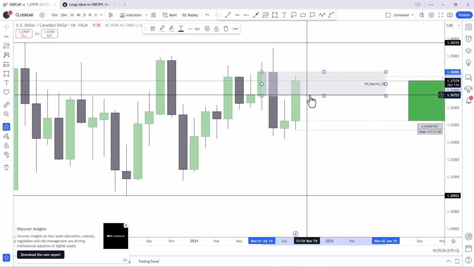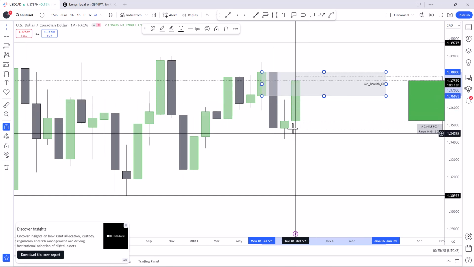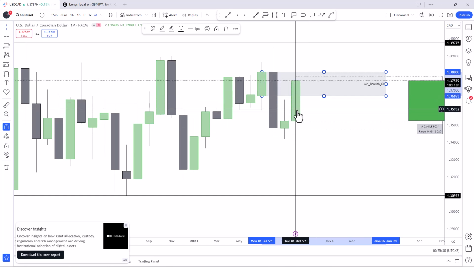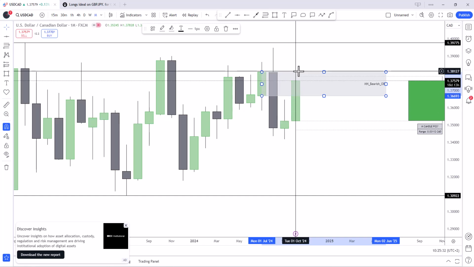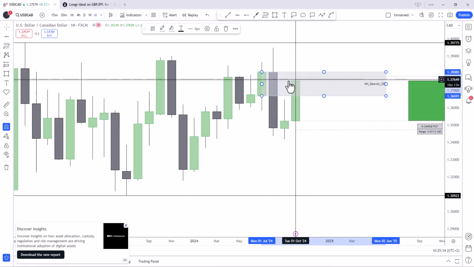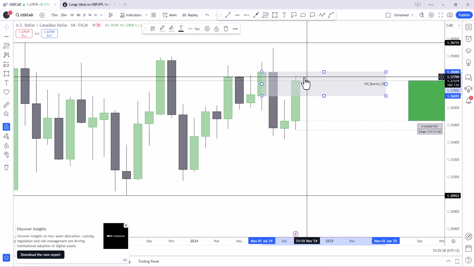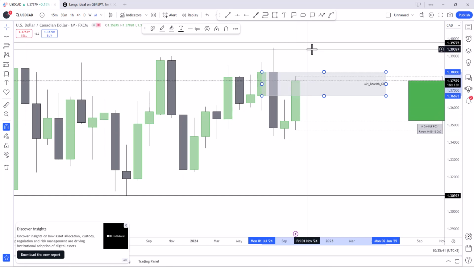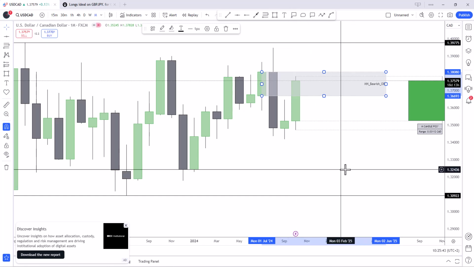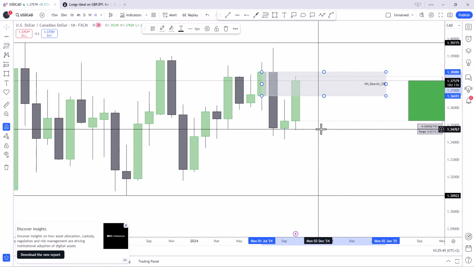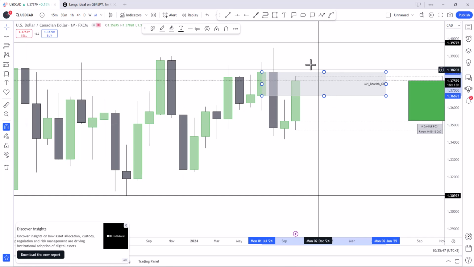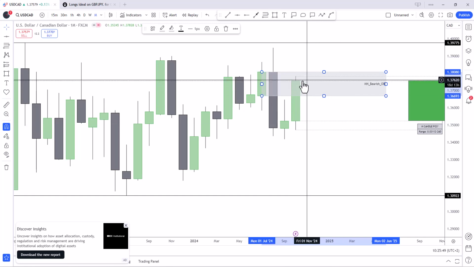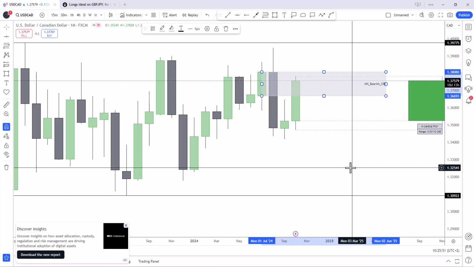This is the month of October, and we've seen a proper redistribution into fair value. Right now price is trading into fair value, and we're already above the equilibrium point of our monthly range, right? So for a swing trader, this is a nice setup for shorting USDCAD, right?